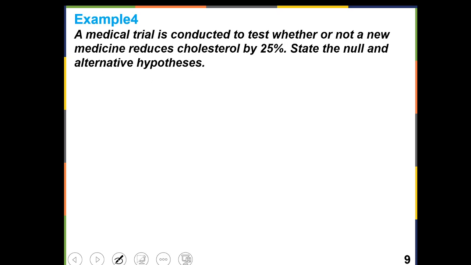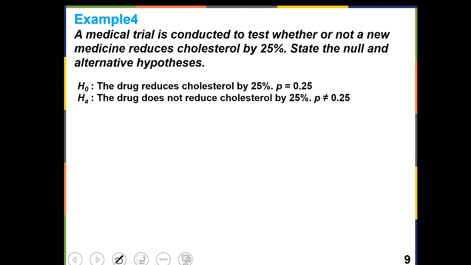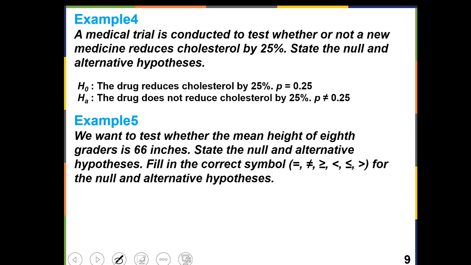So a medical trial is conducted to test whether or not a new medicine reduces cholesterol by 25%. State the null and alternative. Again, the null hypothesis says that proportion equals 0.25. The alternative says not equal to. We want to test whether the mean height of 8th graders is 66 inches.